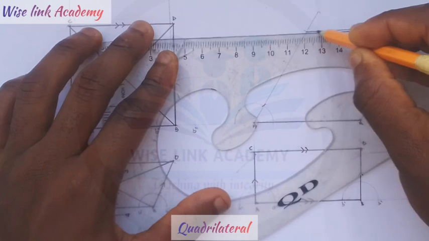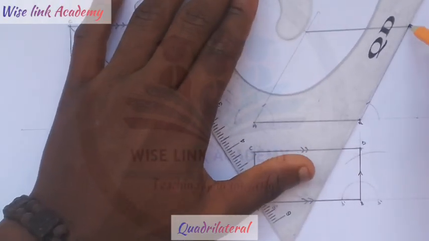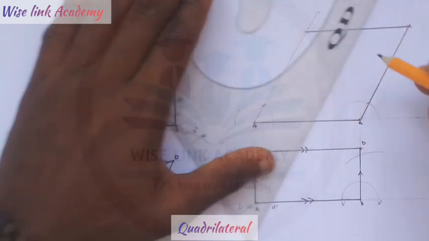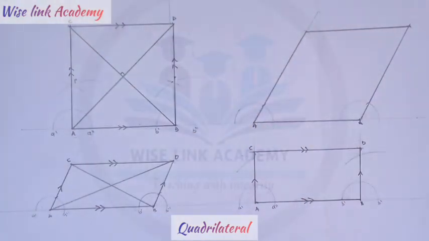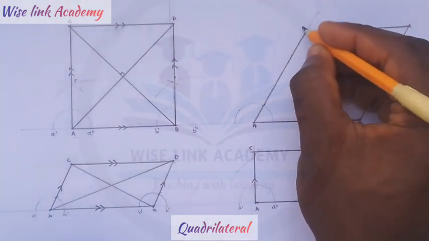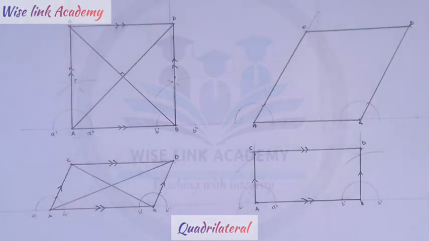Right? So I'll take in this part, also taking this part. This is a rhombus. This is AB, call here C, call this point D. Right? This is a rhombus.